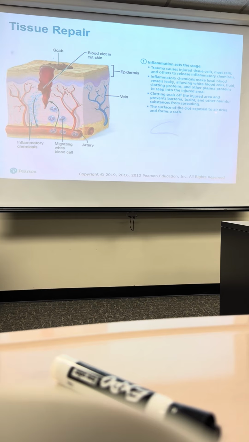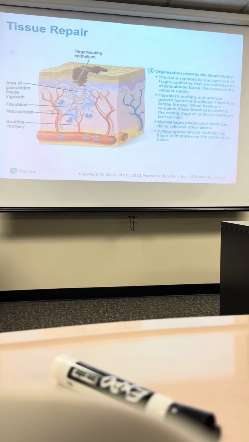The surface of the clot exposed to air dries and forms the scab, right? After you form the scab, you want to make sure the clot is replaced by the ingrowth of the fragile capillaries that are characteristic of the granulation tissue.